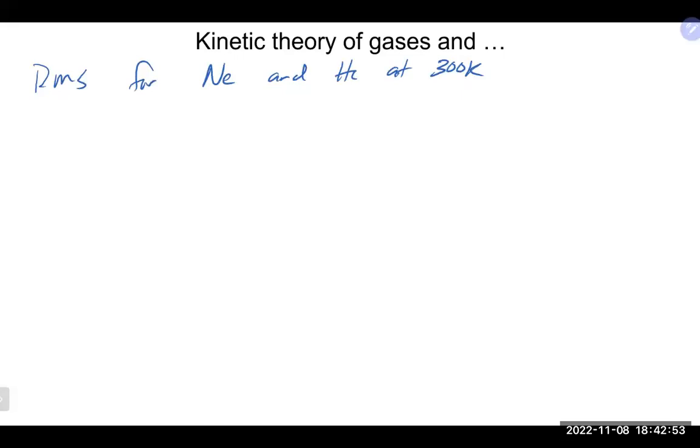So calculate the root mean squared velocity here in meters per second. Again, it is the square root of 3RT over the molar mass. All right, take a moment or two to see what you come up with here.